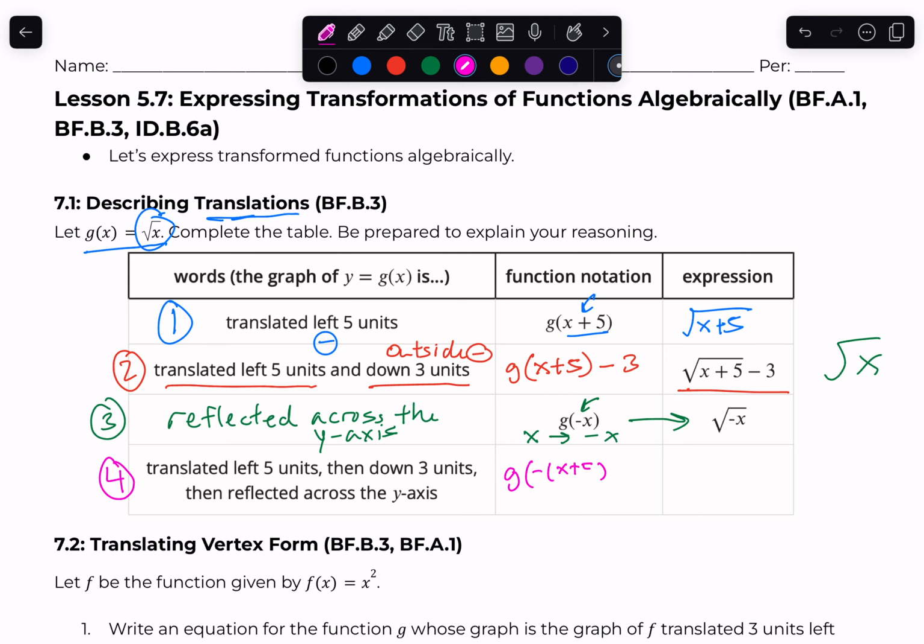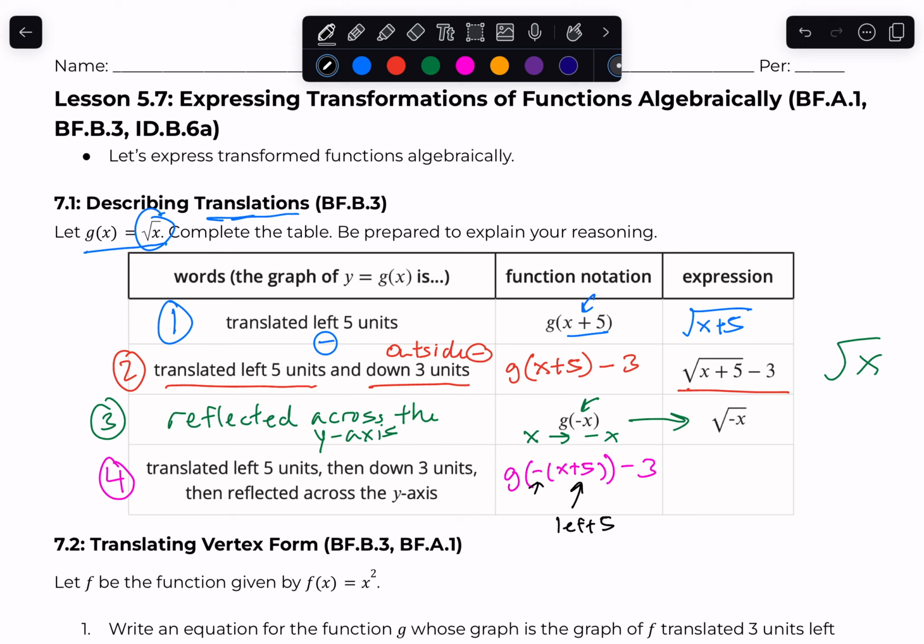I'm going to have my x plus 5 here, and so on top of that, I need to close the parentheses, and I also need to put my minus 3 out here. So several things are happening. One, this x plus 5 tells me to translate left 5.